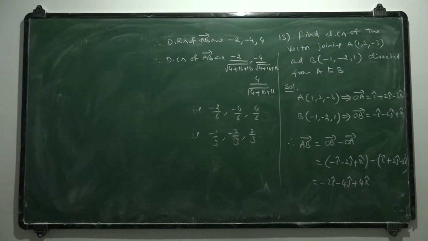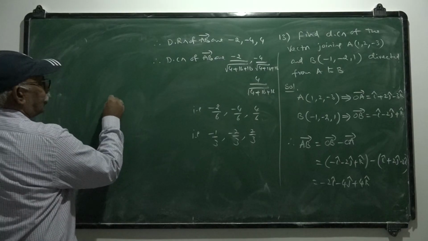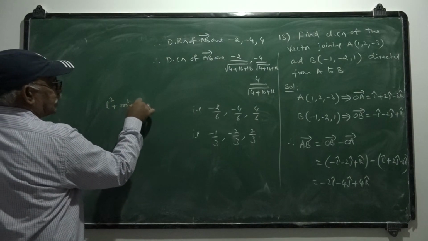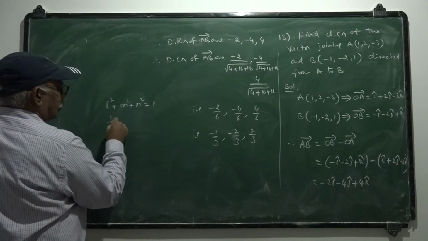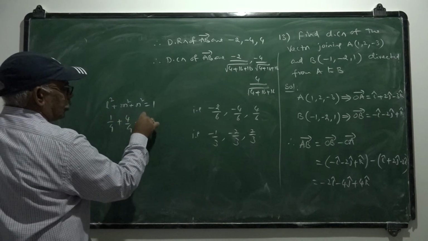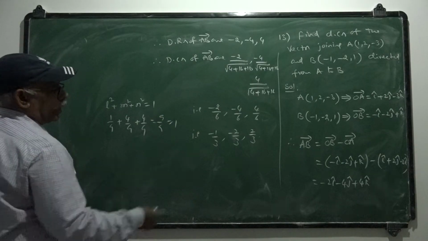Sum of the squares of direction cosines is always equal to 1. This is l, this is m, this is n. So we know that l square plus m square plus n square is 1. Clearly that follows here: 1 by 9 plus 4 by 9 plus 4 by 9 gives us 9 by 9, which is 1.